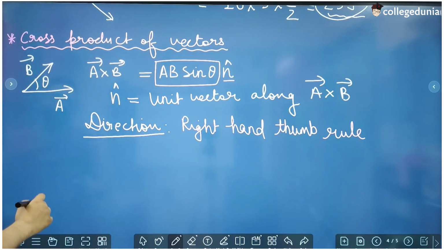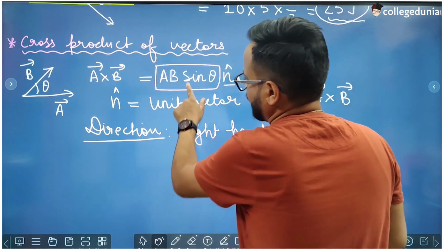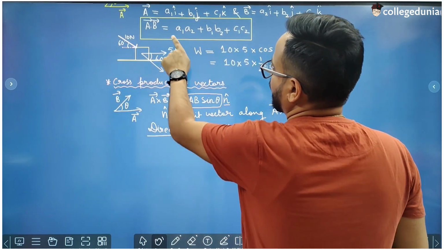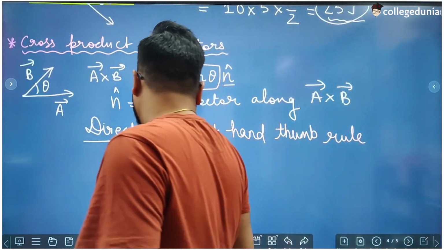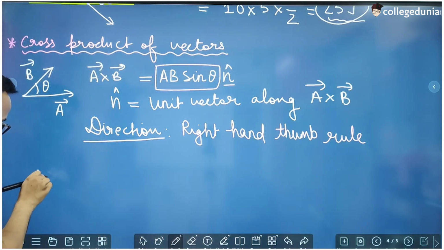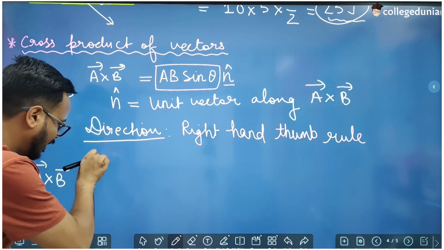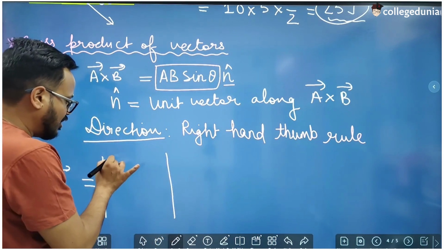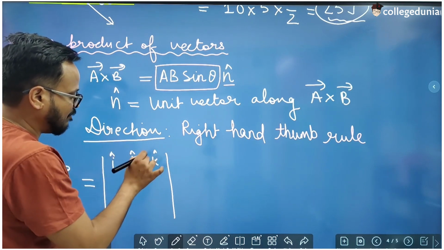And if the two vectors are given in the vector form, A is this and B is this, then how are we going to find A cross B? Then A cross B is given by the determinant method. You will just make a determinant, and the first row of the determinant should be i cap, j cap and k cap.